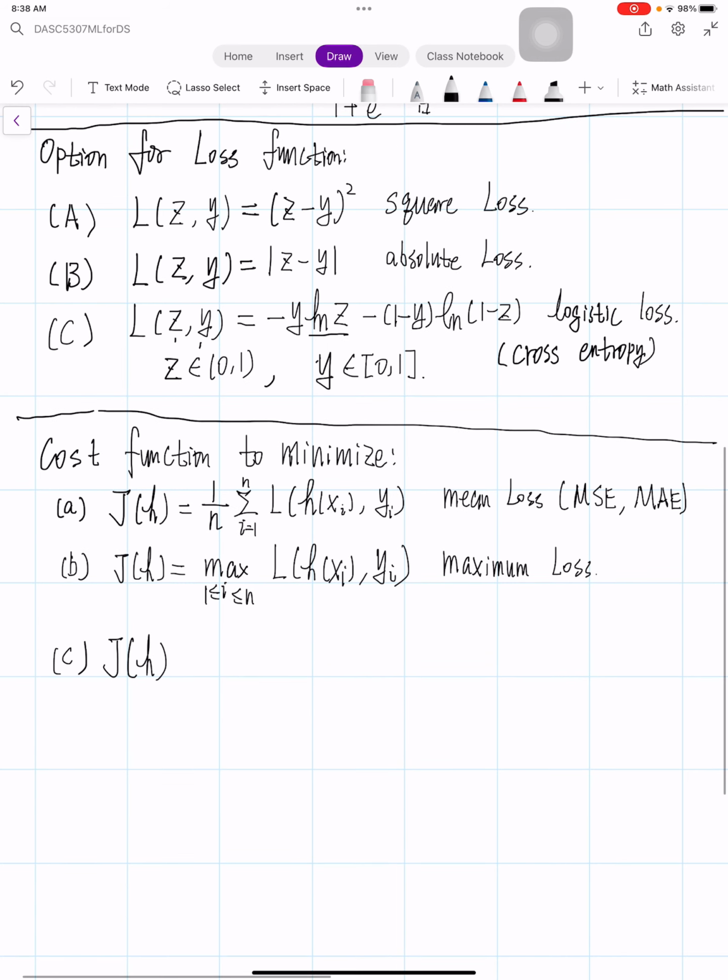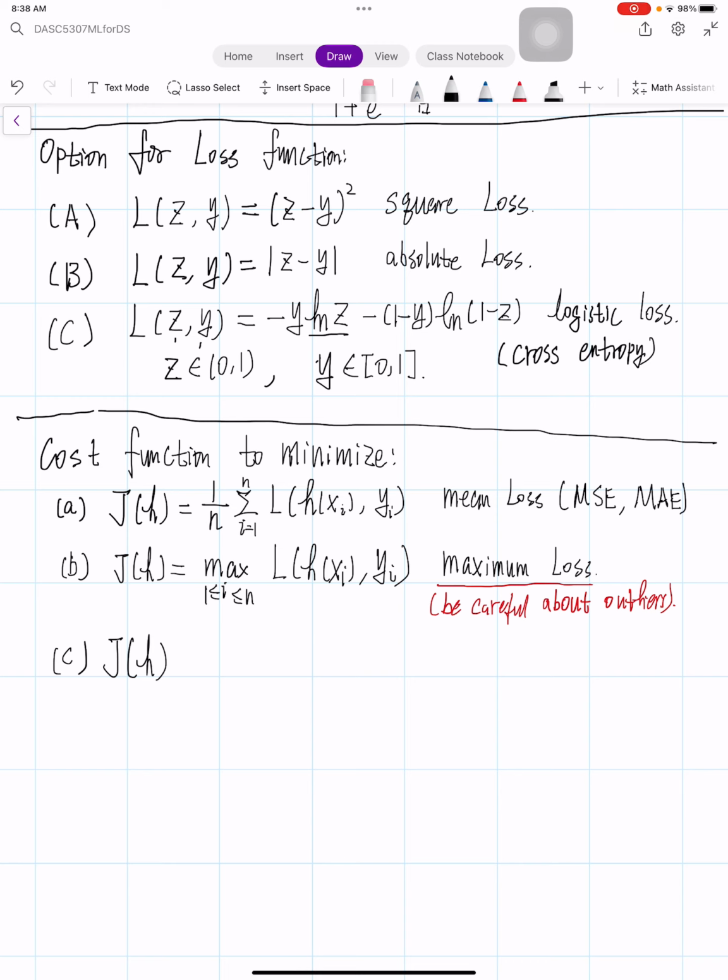Maybe I can say a few more words about this maximum loss. You want to be careful about outliers, because here it only considers the maximum one.